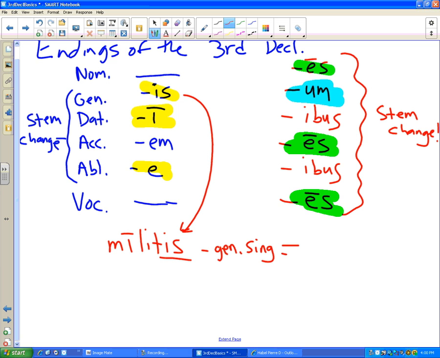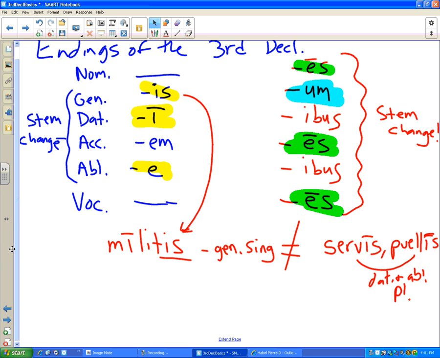What I really want you to note is that it's not the same ending as you would see on a first or second declension noun, like servis or puellis, where these macrons are good indicators of the dative and ablative plural, okay, for first and second declension nouns. So caution number one about highlighted endings is the short is, the fact that it's short is significant.